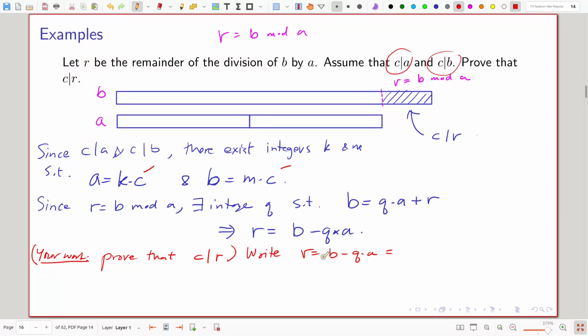That's going to equal, B is this, MC, and Q times A is Q times KC, right? So we factor out C. Okay. We can write R as this. Okay. And what else do we need to say?